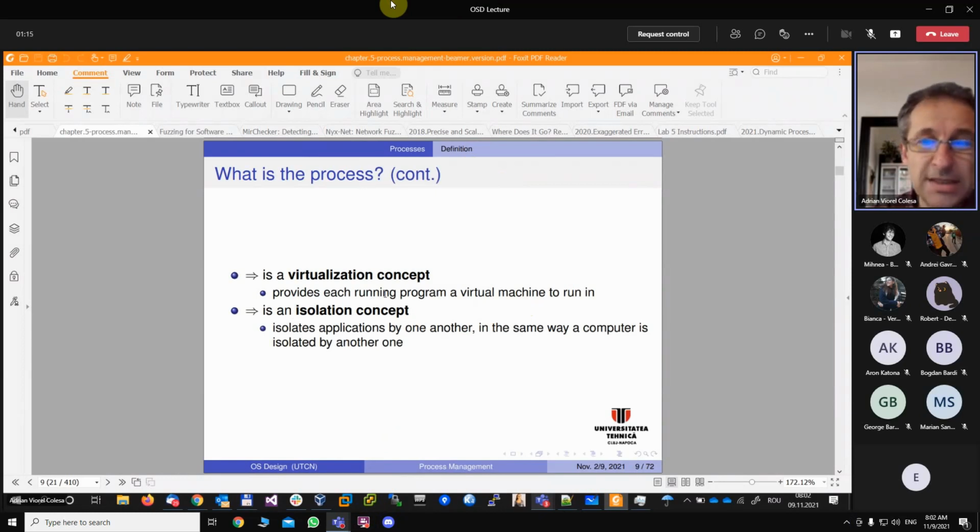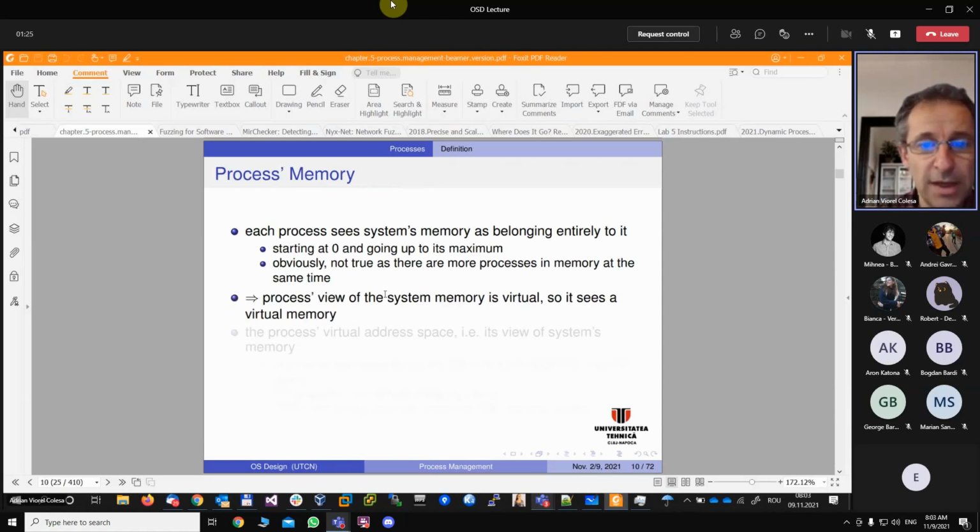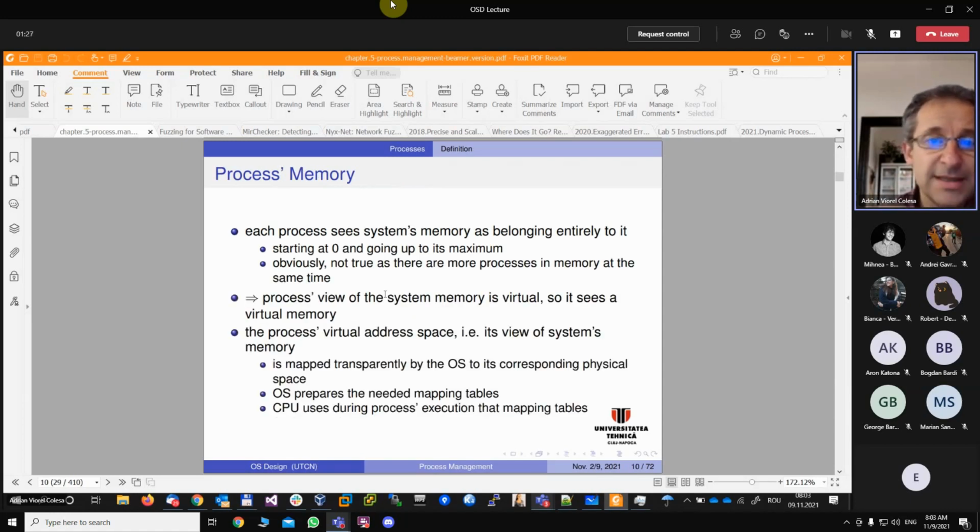We will mainly see that in terms of memory, but it's not the only resource which must be isolated from one process to another.